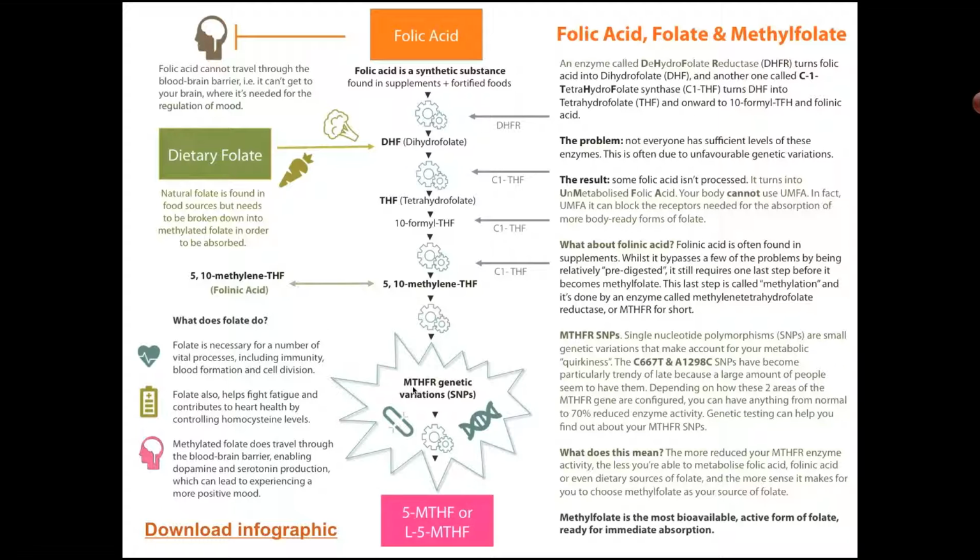I'm not sure whether you've attended them or not, but that is only just the bottleneck at the bottom, and depending on your SNPs, on your single nucleotide polymorphisms, you can have anything from normal activity of the enzyme to about 70% reduced enzyme activity. That depends mainly on two polymorphisms, on the genes, on that MTHFR gene, on location C667T and A1298C.